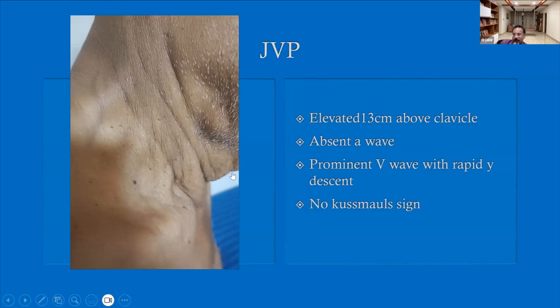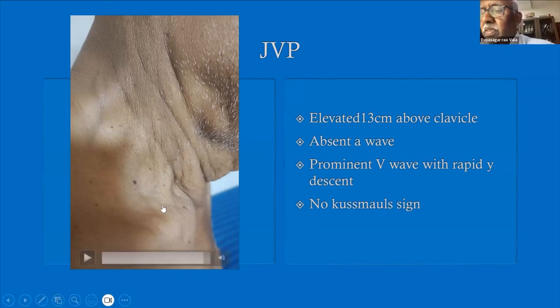What are the other situations which you can think of? Sir was telling about high output failure. Thyrotoxicosis, exactly.